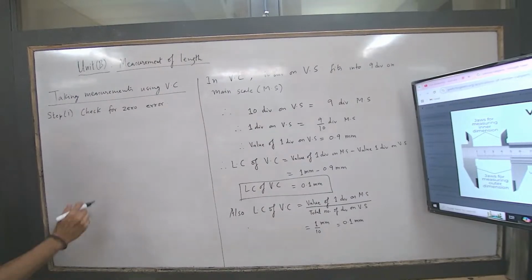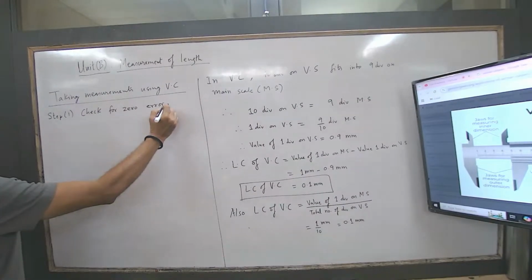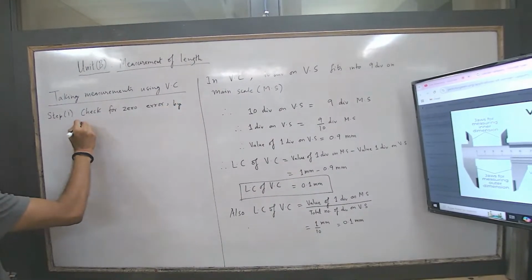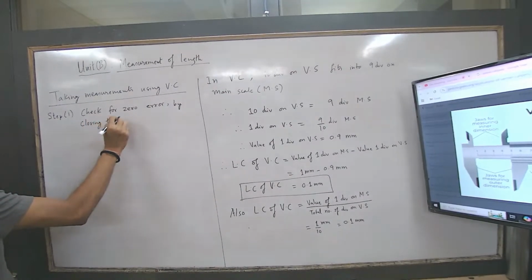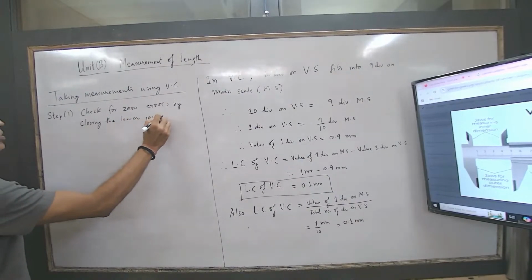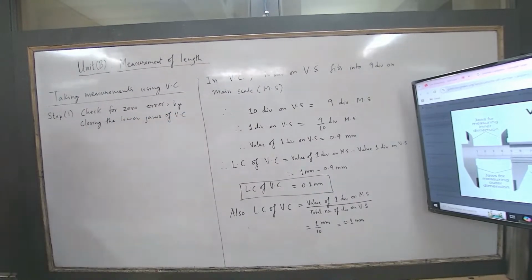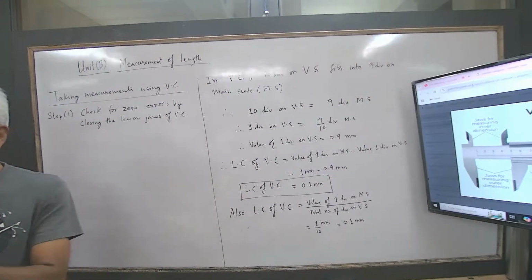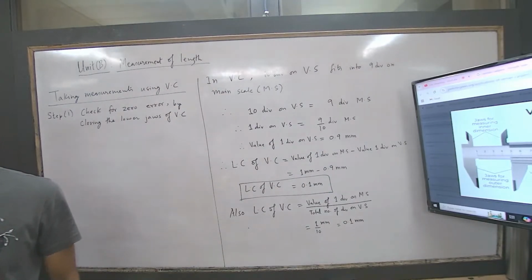So how to check for zero error? By closing the lower jaw of vernier calipers. So first you write down the least count, then write this. So what you will do? You just close the jaws, right? So these jaws, without anything, you just close it.